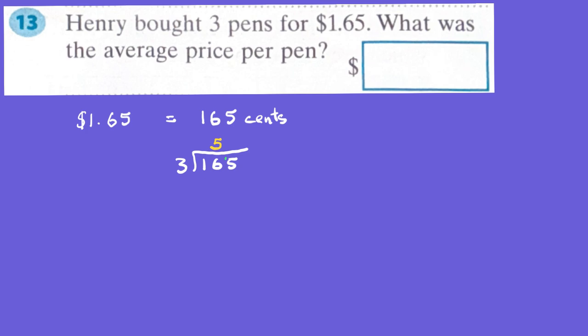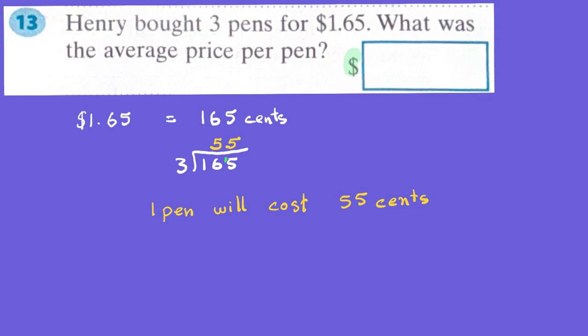So now we can ask ourselves, how many times does 3 go into 15? 3 goes into 15 5 times. Now this is all in cents, so therefore the answer is 1 pen will cost 55 cents.